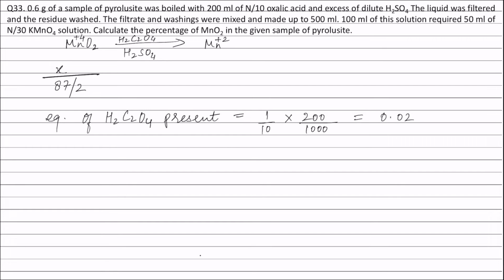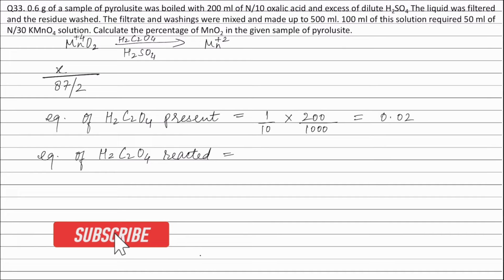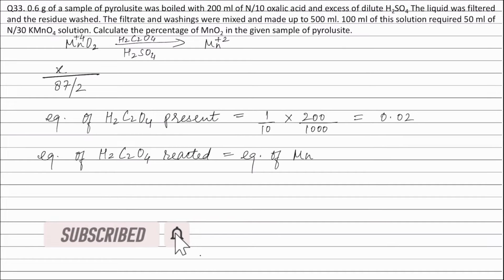Now, equivalence of oxalic acid that reacted with MnO2 is equal to equivalence of MnO2. Therefore, we can write equivalence of oxalic acid reacted is equal to equivalence of MnO2, and this is equal to x divided by 87/2.